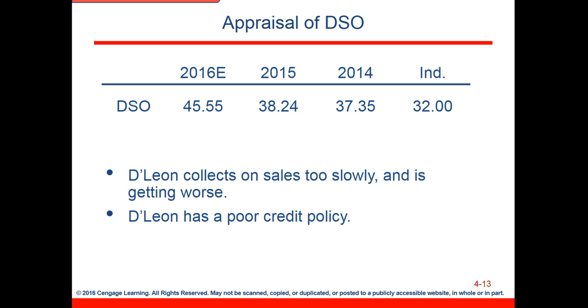So it's getting worse in the sense that it takes more and more time to collect the outstanding debt. And hence, what we are concluding here is the company has a poor credit policy. If we compare it to trend analysis, or if we compare the latest estimated results to industry average, from both perspectives, it is a poor credit policy.